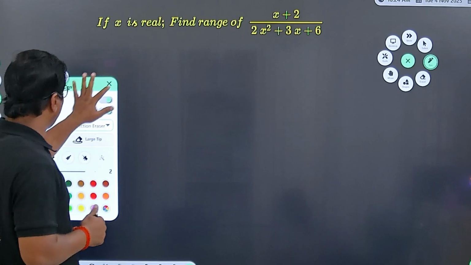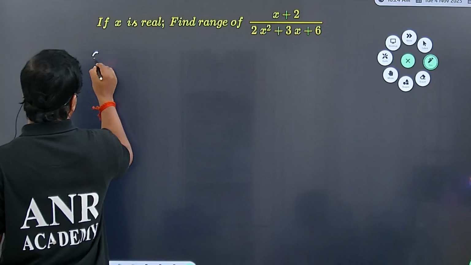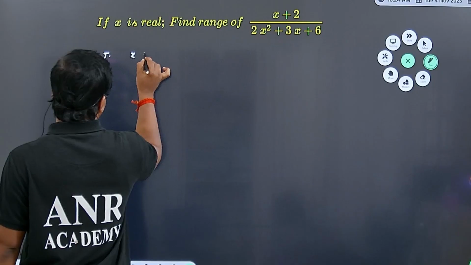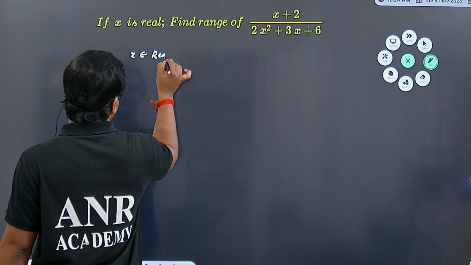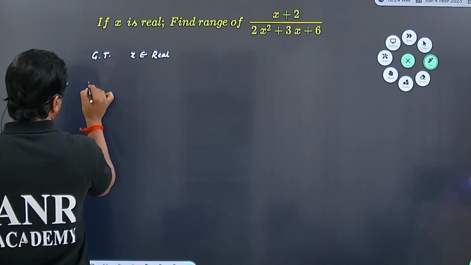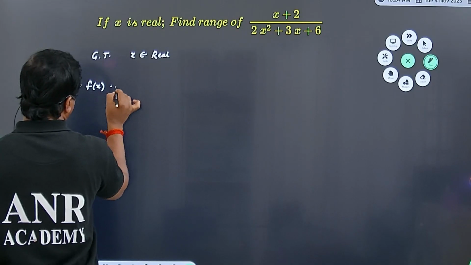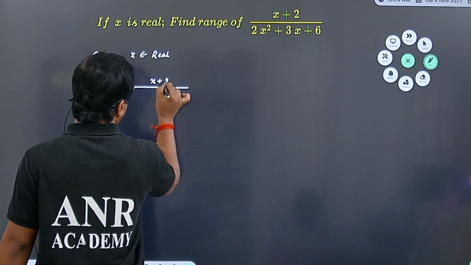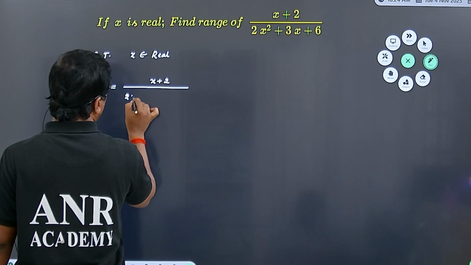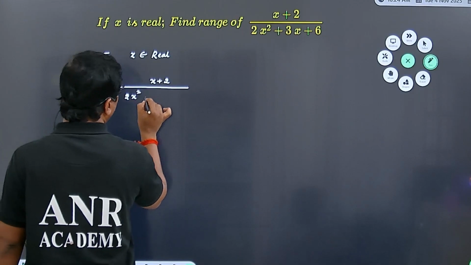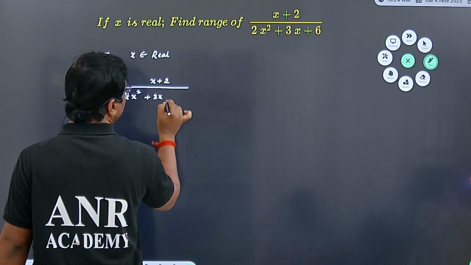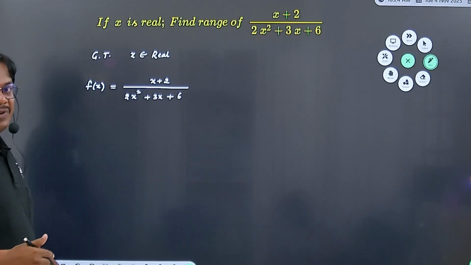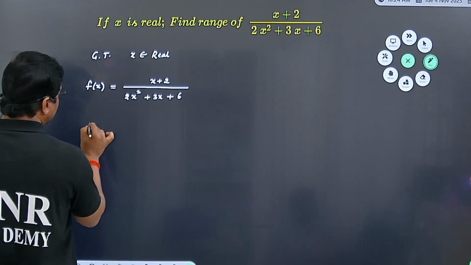Given data, first I am going to write. Given that x belongs to real, and assume that function of x equal to (x plus 2) divided by (2 times of x square plus 3 times of x plus 6). f of x is written as y.